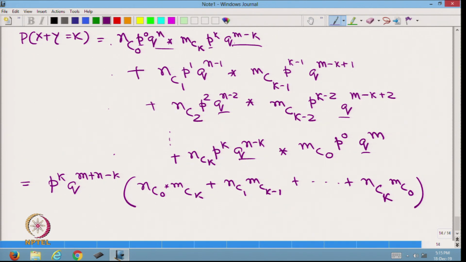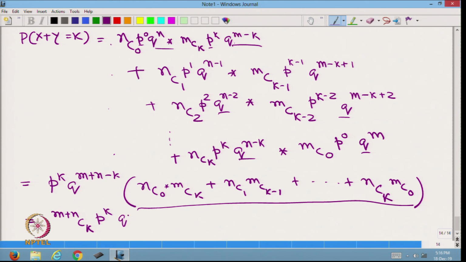Now, from our high school mathematics, we know that this term is m plus n c k. Therefore, this probability is equal to m plus n c k p to the power k q to the power m plus n minus k.